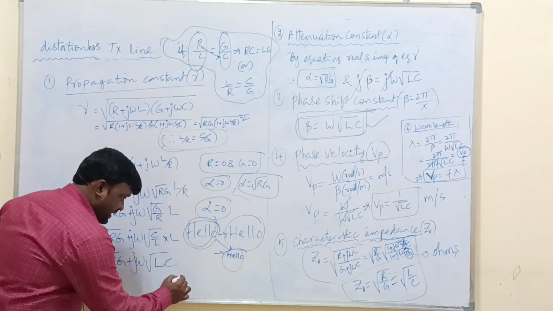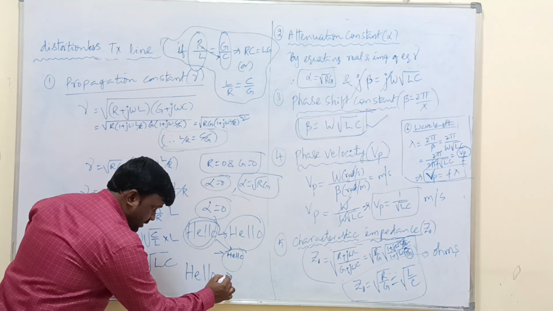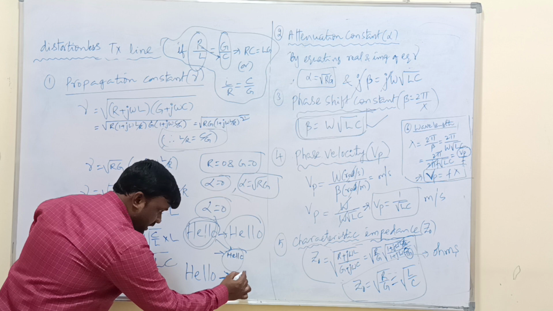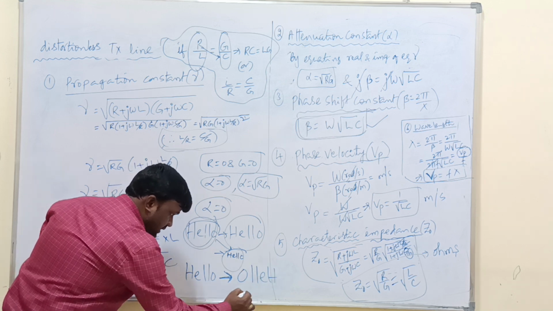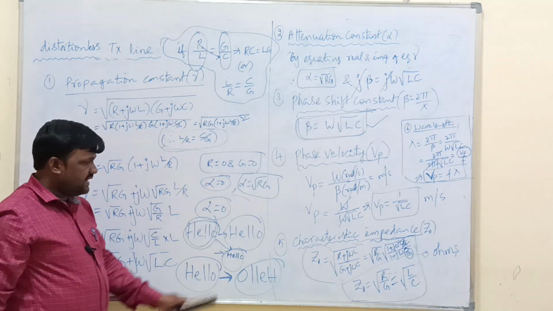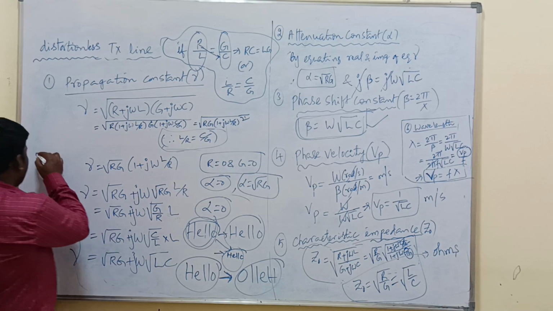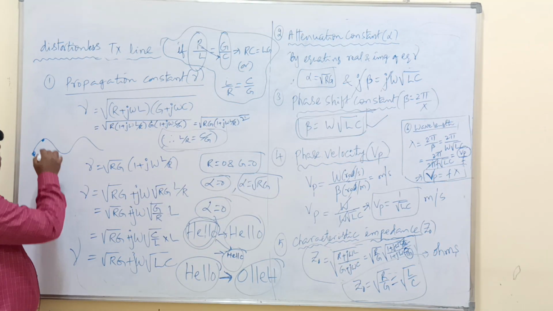Coming to the distortion, here I want to send this one as Hello, and here it can be maybe like this, or else it is Hello. There is a phase change, meaning instead of transmitting this first position, the signal may start at this position.